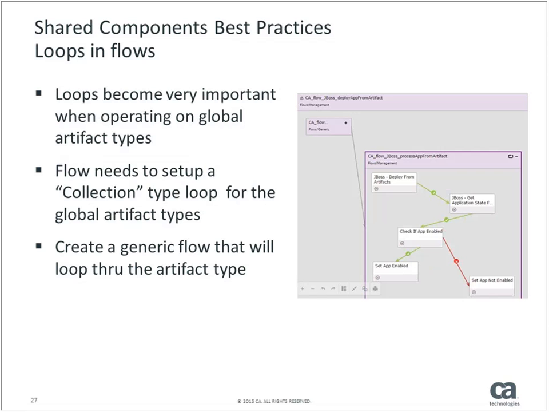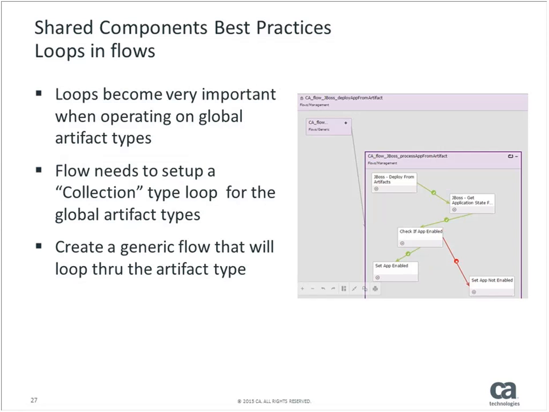Now, loops in the flow. This becomes very important when you are working with global artifact types, because global artifact types use a collection. You will set the flow, which is what is showing right here at this level. I'm sorry, I'm trying to use the pointer. Give me a second.